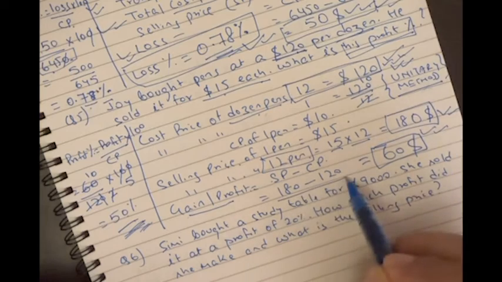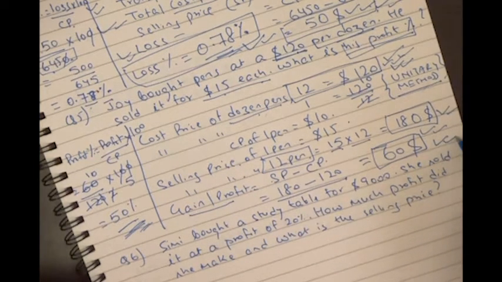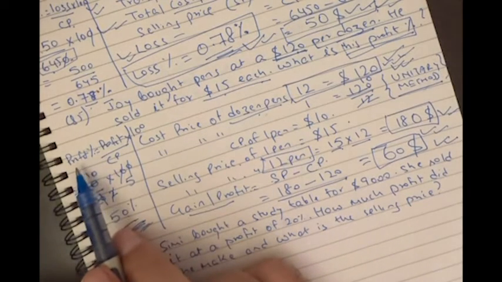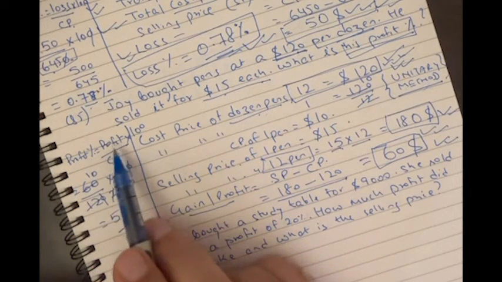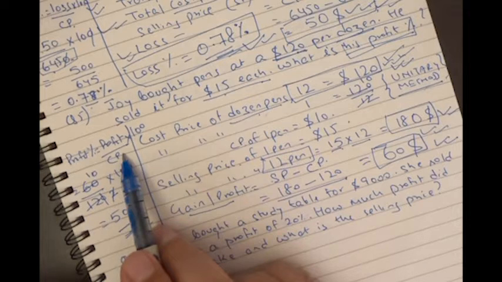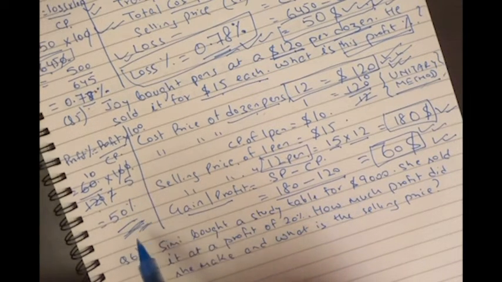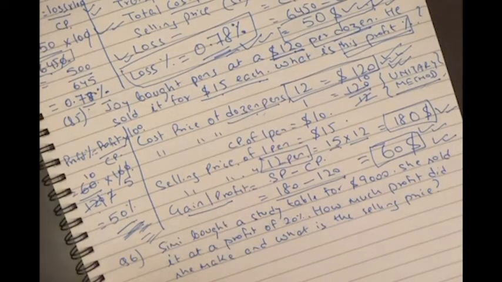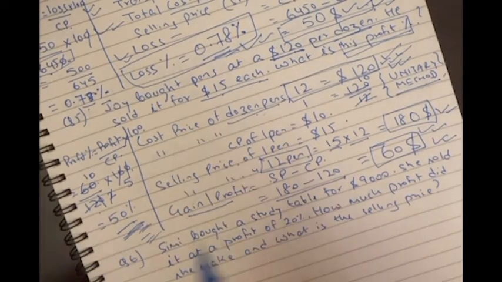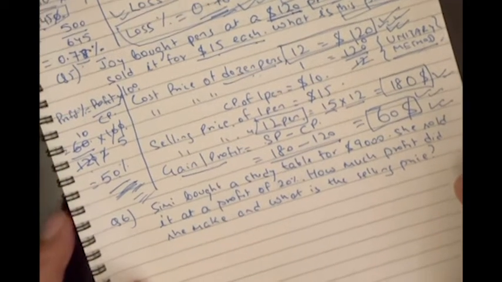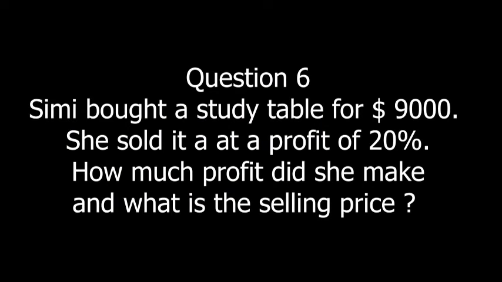It was 180 minus 120. This is your gain. And then we calculated the profit percentage using the formula profit by cost price into 100, which is 60 by 120 into 100, and then you get 50% whopping margin that Joy is making. Alright, so we will move to the next question now.